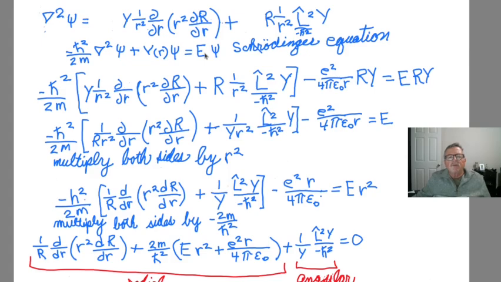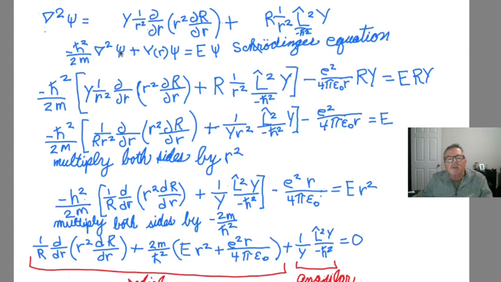Then what I'm going to do is spread this out a little bit and put the potential energy in here along with all this stuff that I just put together. There's the Y, there's the R, and I put the h bar squared over 2m times this whole thing here, which should match up.